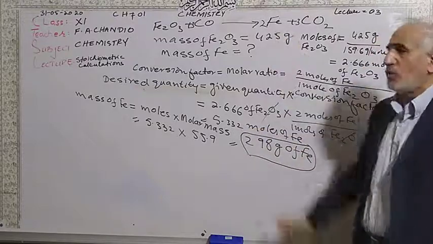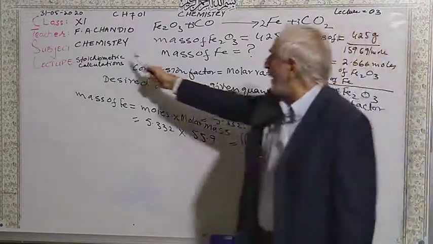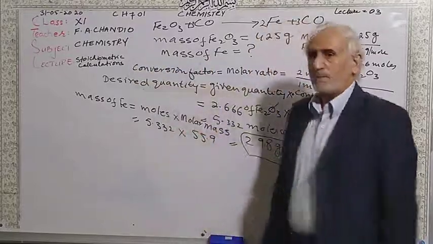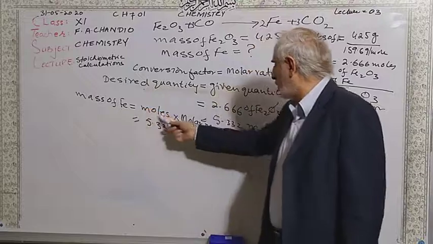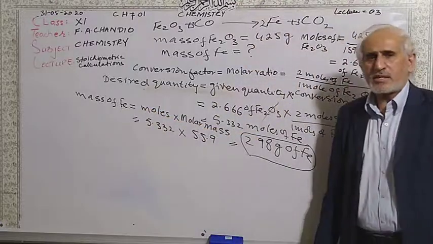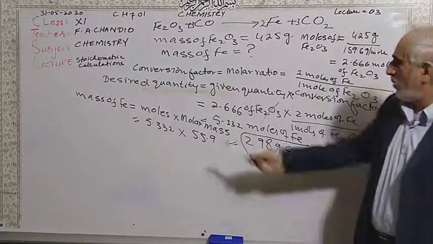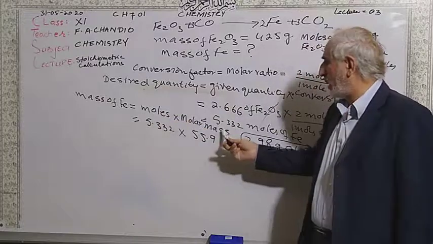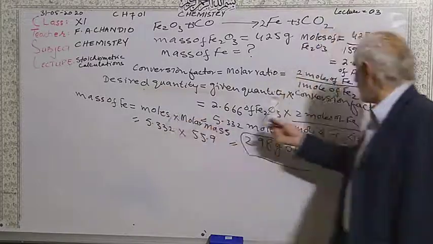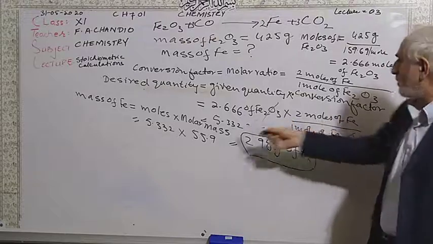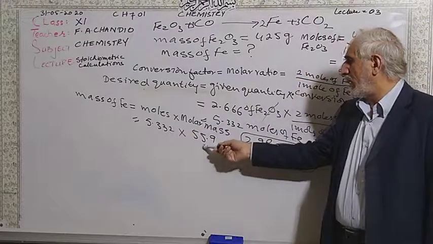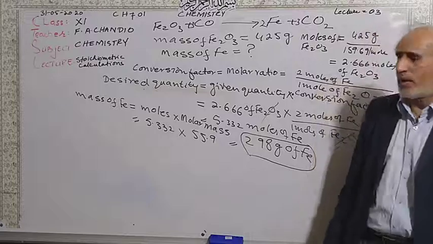So we calculated the number of moles. But the question is the mass of iron. So how do I calculate mass? The formula of mass is moles multiplied by molar mass. The number of moles we calculated is 5.32 and the molar mass is 55.9.